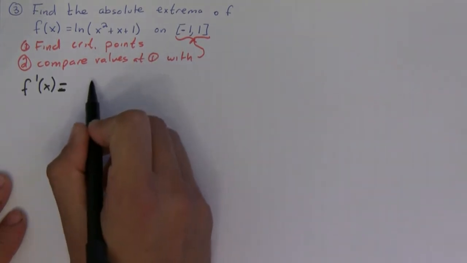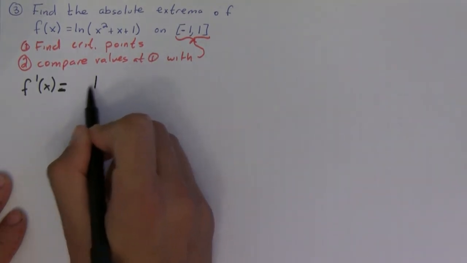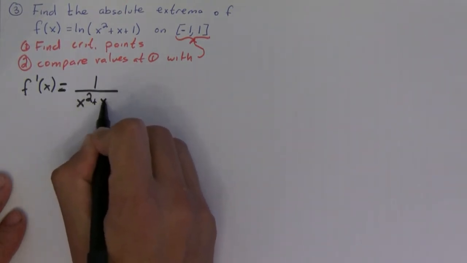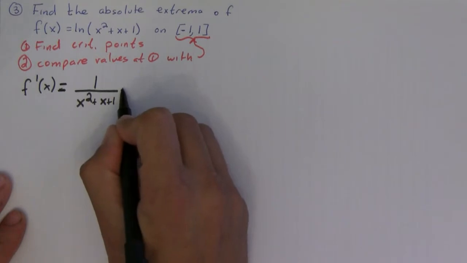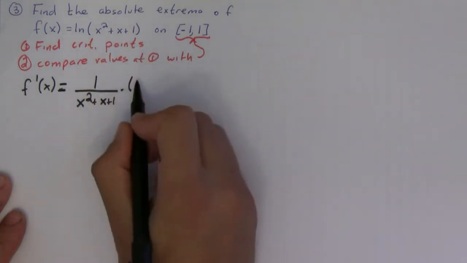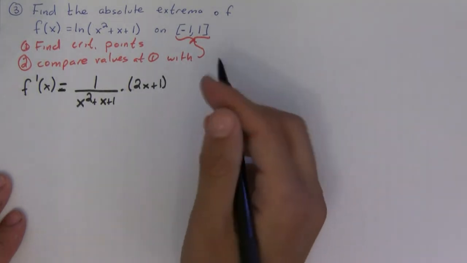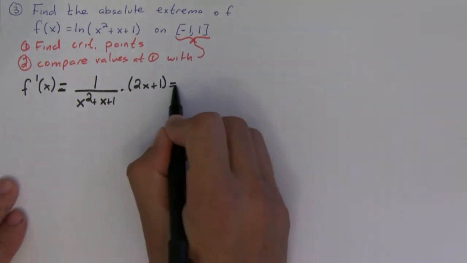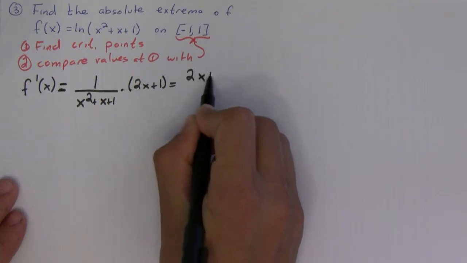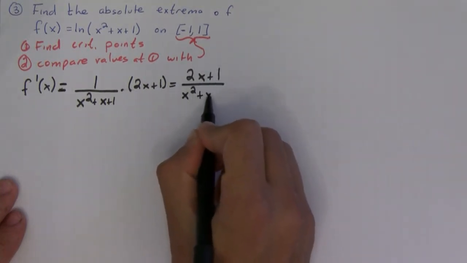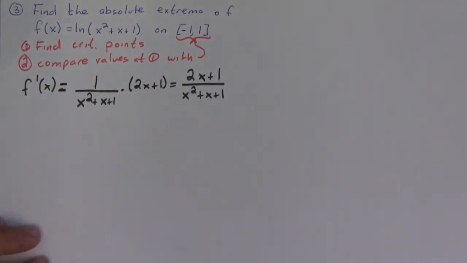So what we're going to have is 1 over the inside, leaving it alone, times the derivative of the inside, which is just 2x plus 1. Okay, and if I rewrite this, I would get (2x plus 1) over (x squared plus x plus 1).